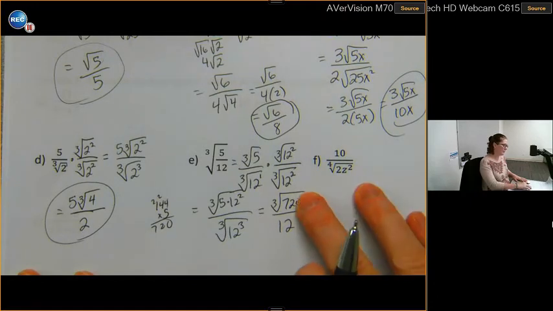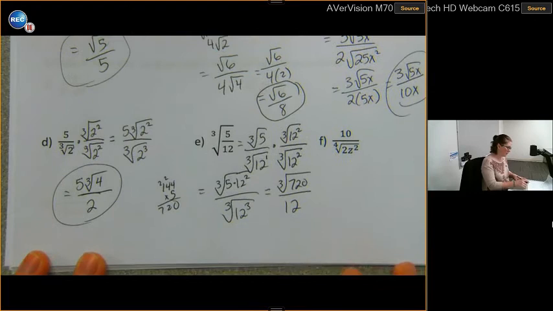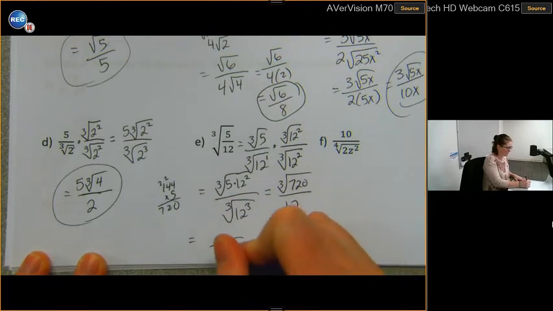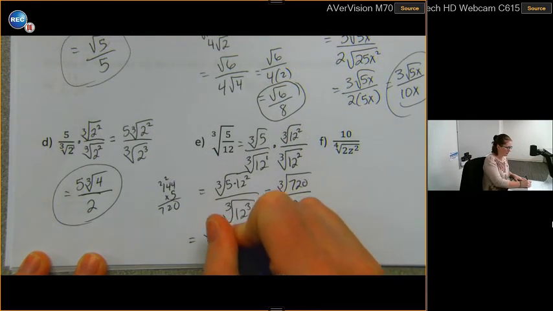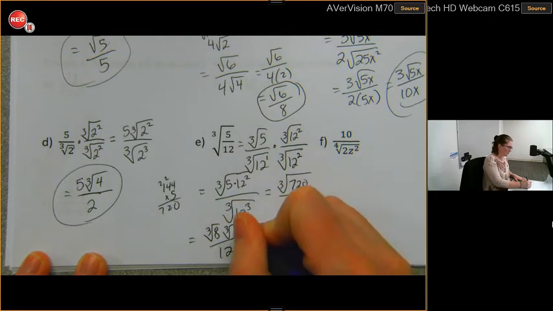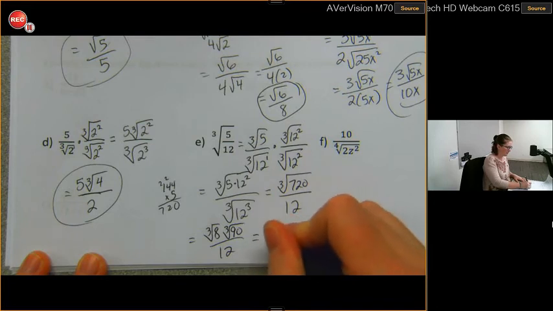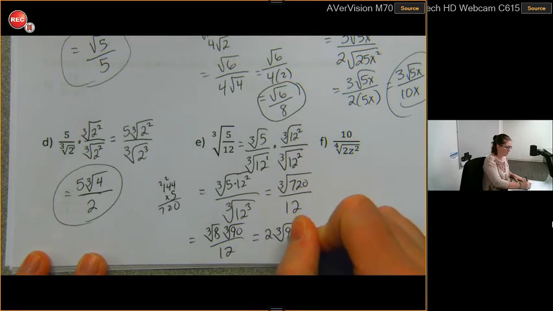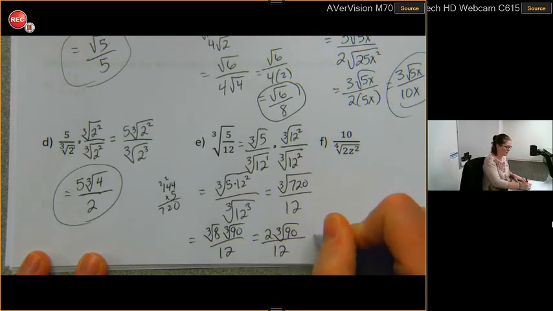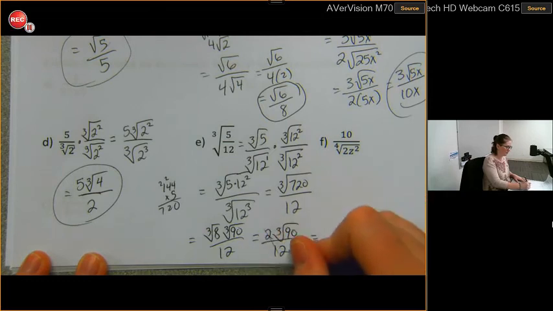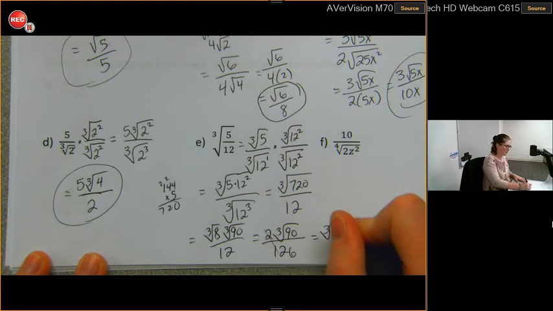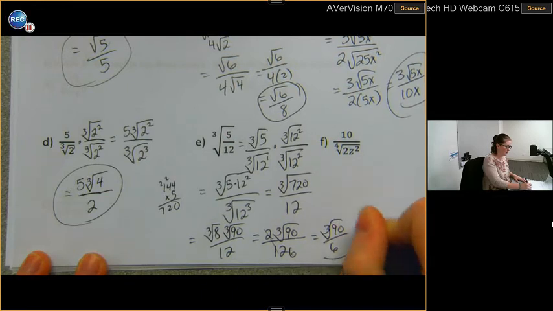Well, I know that 8 goes into 72, so 8's also going to go into 720. And since there's a 0 on the end, it's going to be 90 instead of 9. So I have 2, cube root of 90 over 12. The 2 and the 12 simplify. So I have the cube root of 90 over 6.